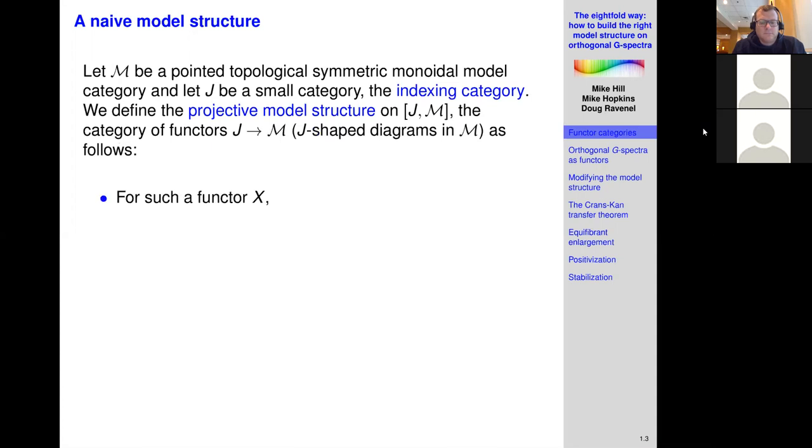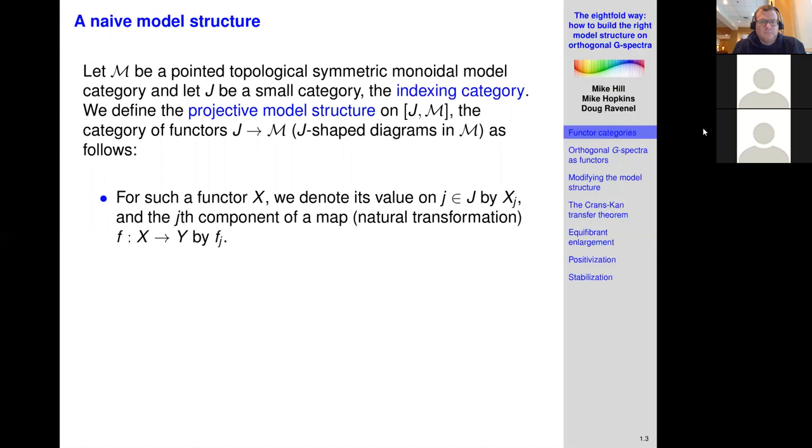First, some notation. If I have a functor X from J to M, I will denote its value on an object little j by X sub j, rather than X parentheses j. And I will do a similar thing for maps between functors, also known as natural transformations.